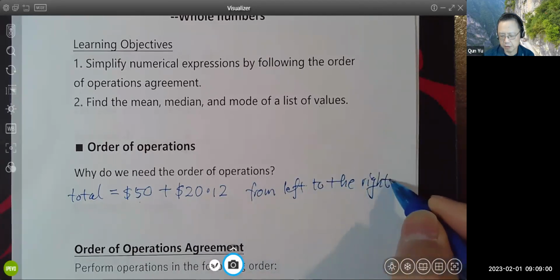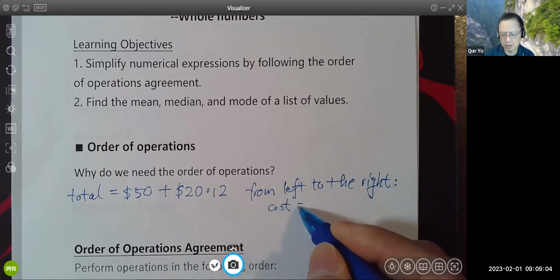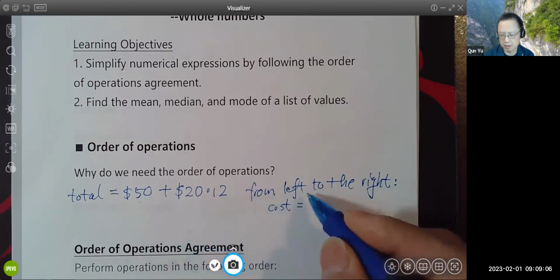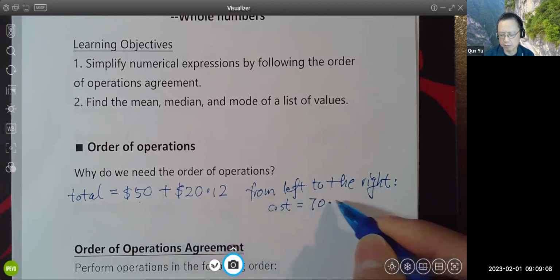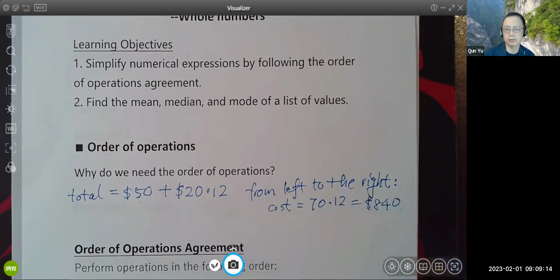This is what we are going to get. Cost equals 50 plus 20, that's 70, times 12, and that's going to be $840. That's your annual cost.